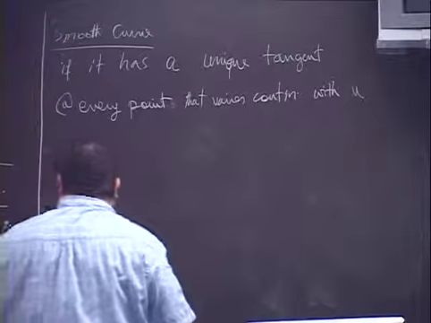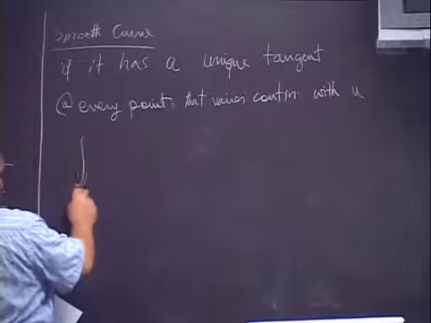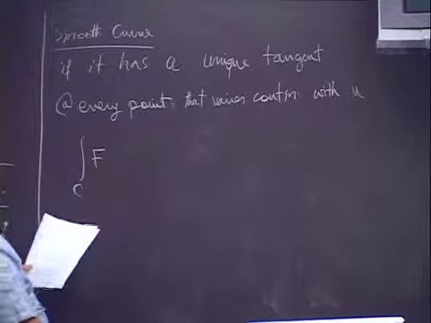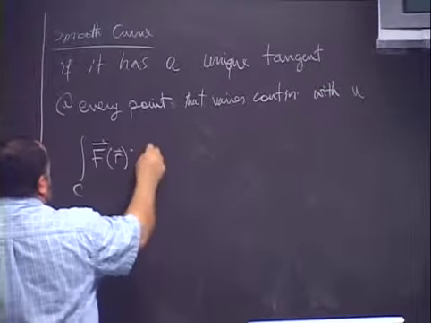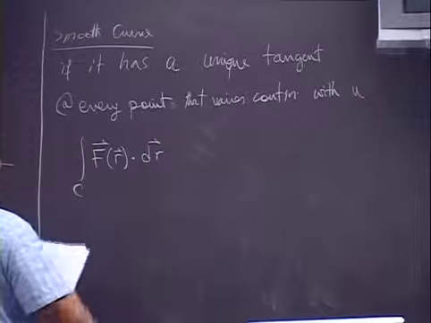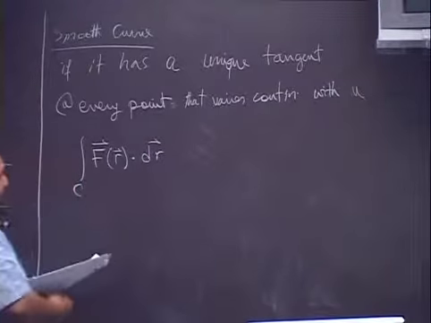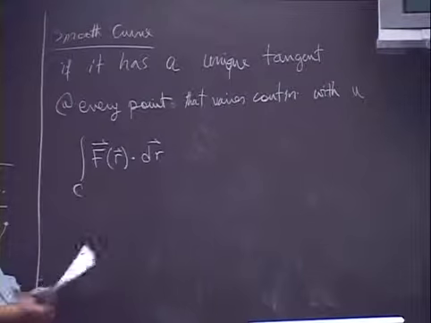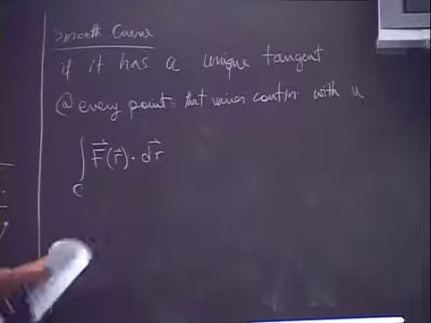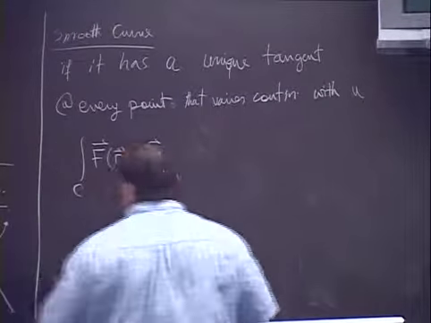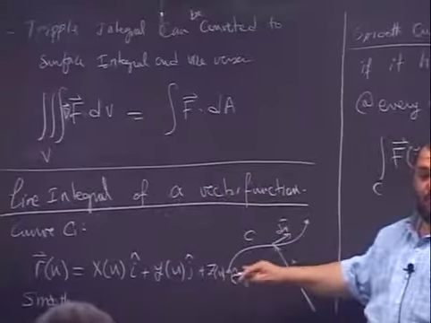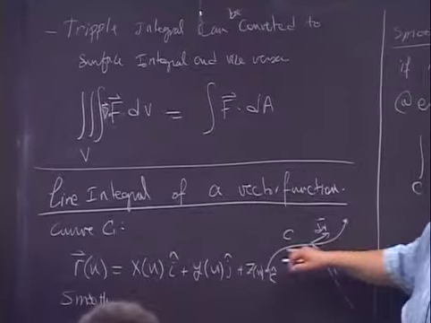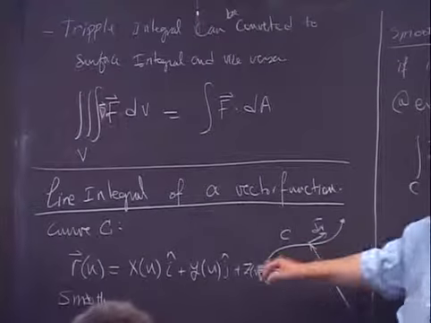So we can integrate the line integral of a function f as a function of r. If we want to integrate a function f of r over dr in line integral on a contour C, we have this curve C, and we want to be able to integrate a function over this curve.